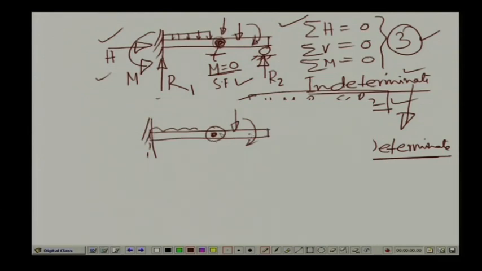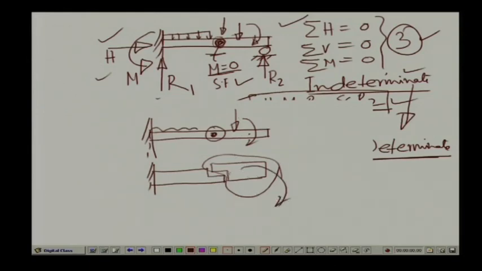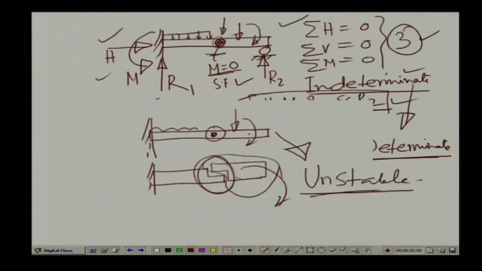Now, if we have articulation in the beam, that means, if we have the beam again in the same form as we were discussing, that you have a fixed end here, and this particular part is like this. Now, since this particular part does not have any support, when it is subjected to the loading, it will topple because it cannot resist any moment over here. So, a determinate beam becomes unstable when an articulation is provided in a determinate system.